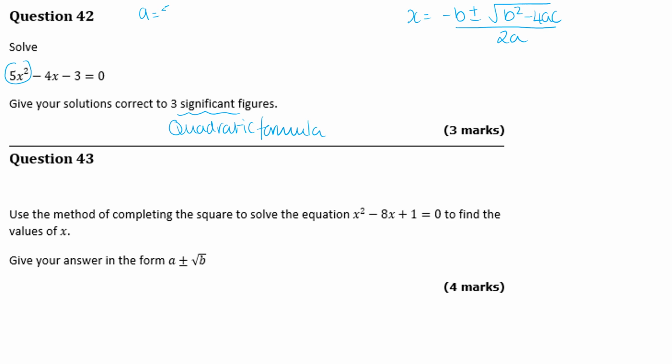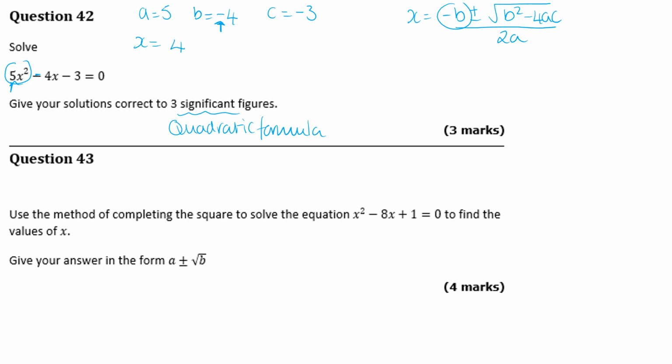a is the number in front of the x squared, which is 5. b is minus 4, you have to include the signs, and c is minus 3. So feeding them into the quadratic formula. Now, because it's minus b, whatever the sign is on b, you just do the opposite.